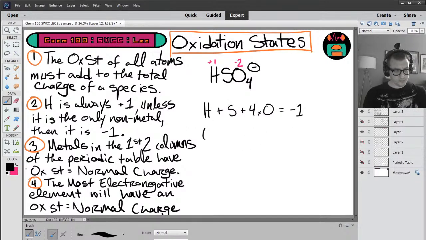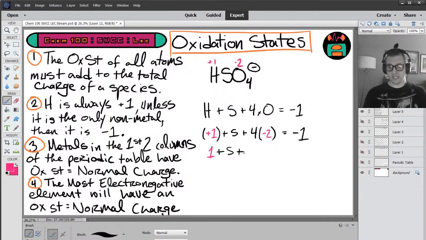All right, now we know hydrogen's oxidation state is a +1. We have not yet determined sulfur's, but we know oxygen's oxidation state is -2 in this species. And this whole thing is equal to -1. So we have +1 plus sulfur plus 4 times -2, so that's not a positive, it is -8, equals -1.